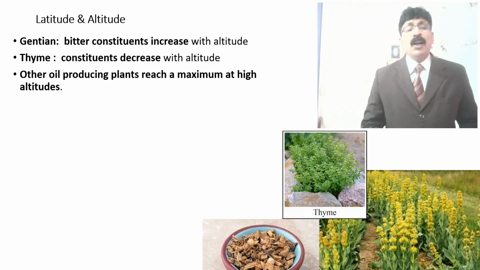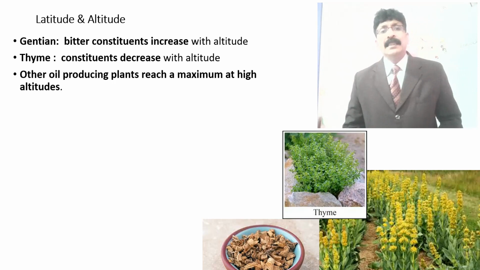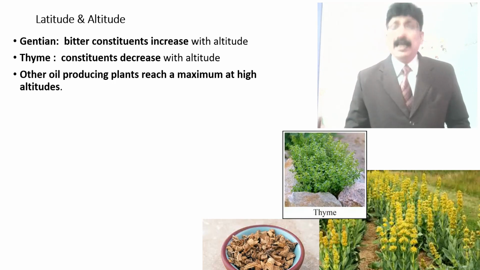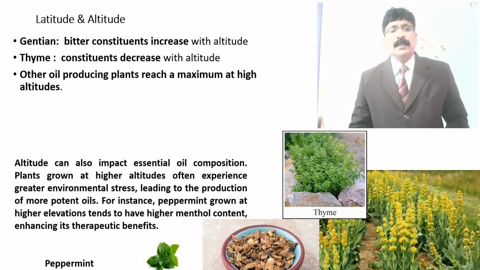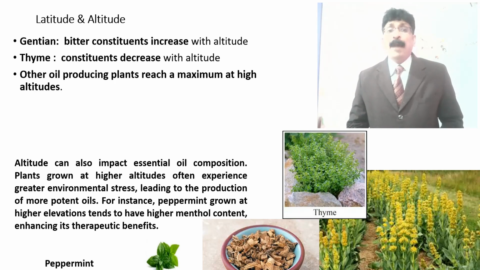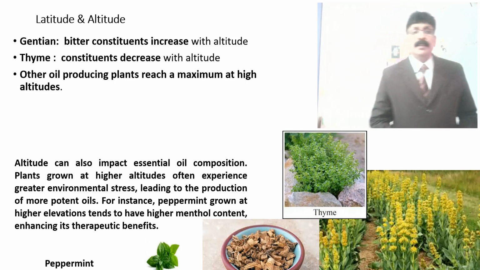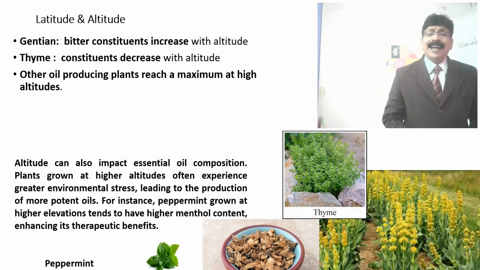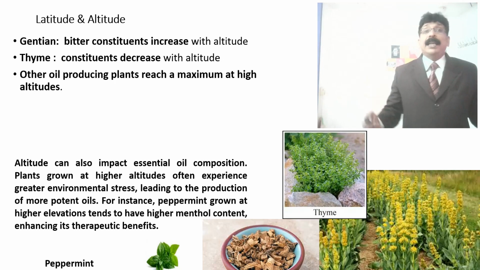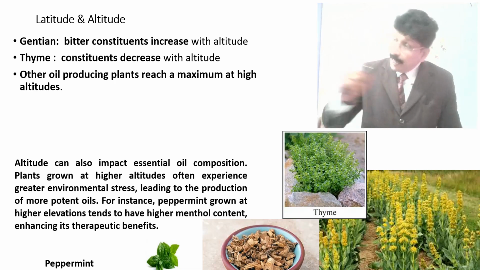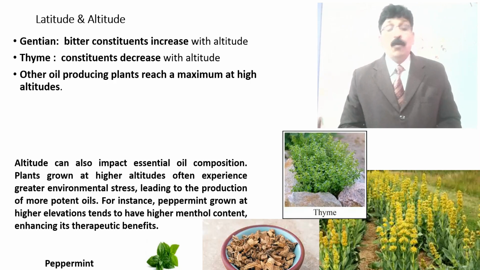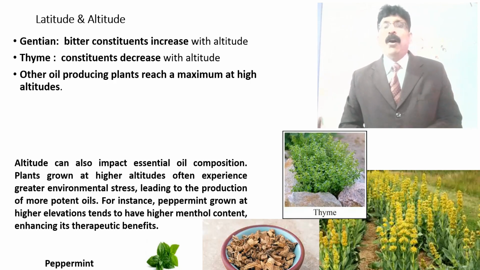Other oil producing plants reach a maximum at high altitudes. Like peppermint, altitude can impact essential oil composition. Plants grown at high altitudes often experience greater environmental stress, leading to the production of more potent oils.